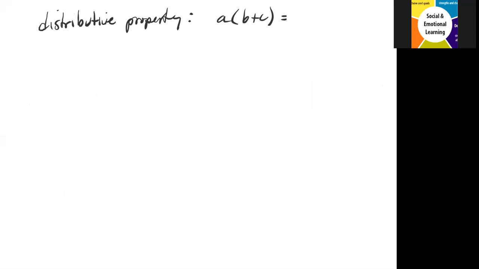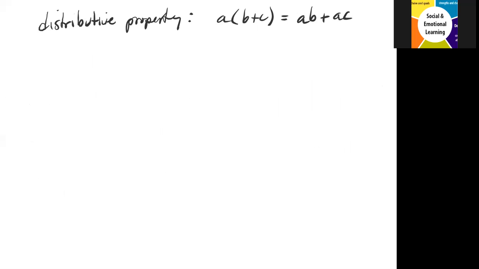One thing we saw last week was the distributive property. I'm just going to write that out again. We talked quite a bit about the distributive property, and hopefully you got some practice with that. So A times B plus C is equal to AB plus AC if we distributed the A to both of those terms.